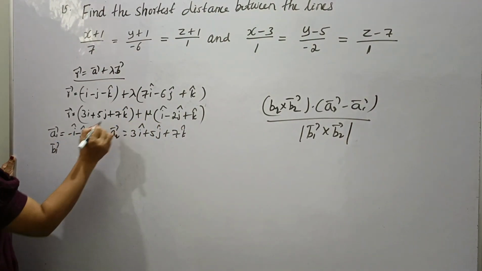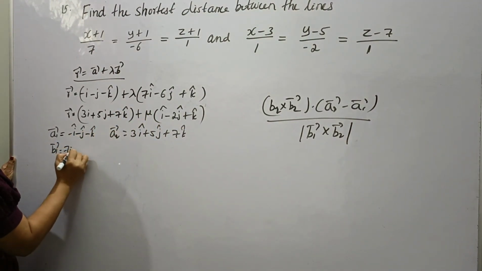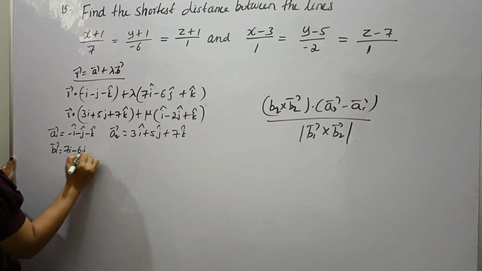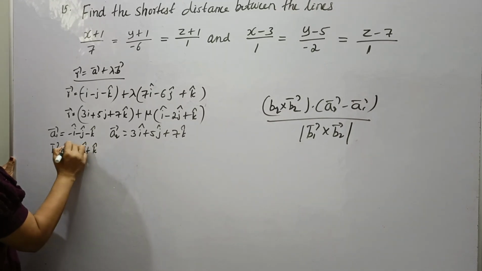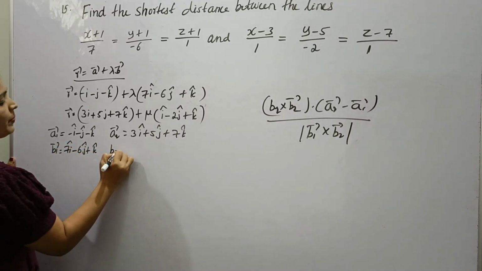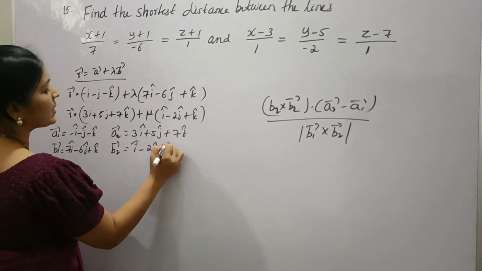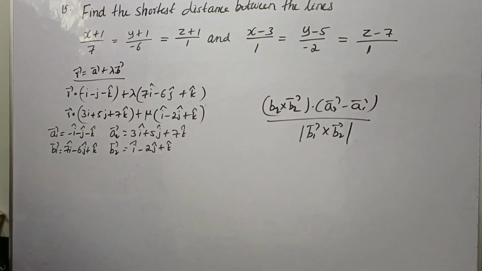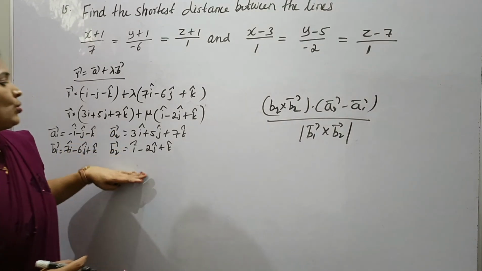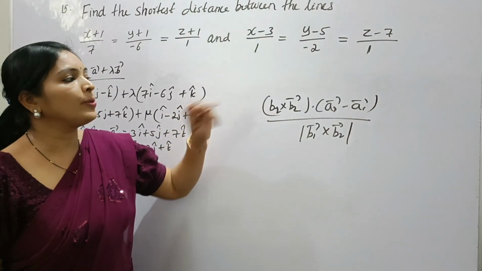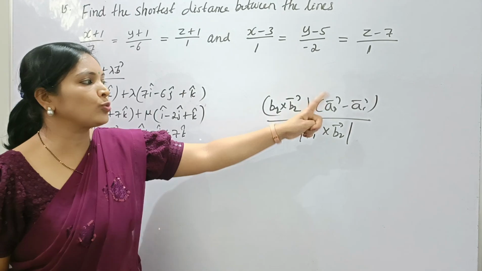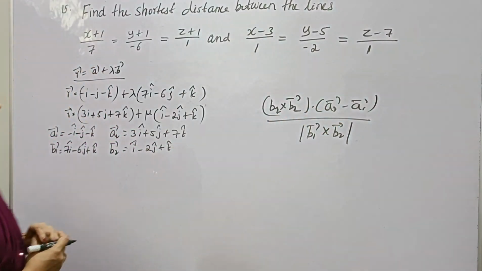Vector b1 is equal to 7i minus 6j plus k. Vector b2 is equal to i minus 2j plus k. Okay. So here now let's substitute this. Before that we need to find vector a2 minus vector a1 and vector b1 cross vector b2.